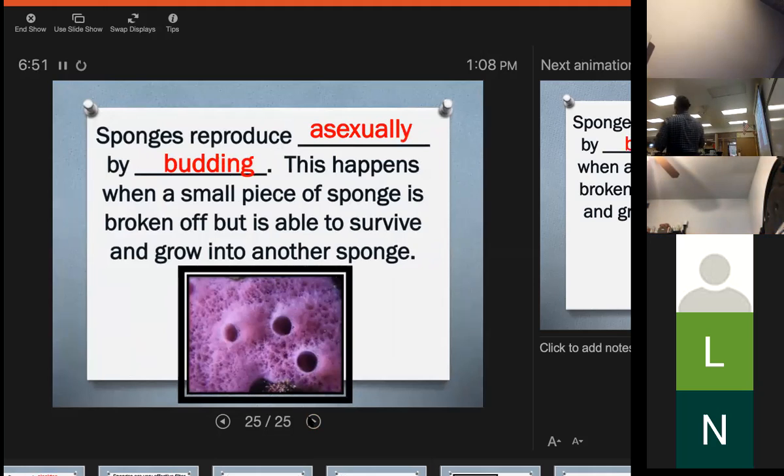Asexual reproduction would be budding, and that's just when a tube breaks off and hopefully lands in a good place and is then able to grow and reproduce. At the last portion of your slide is a drawing, a sketch.